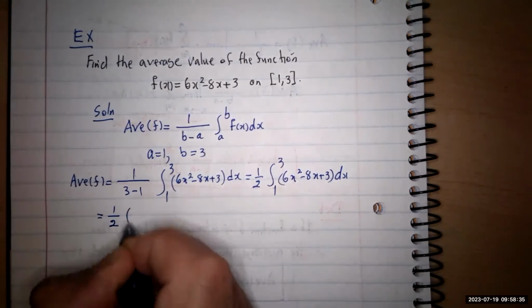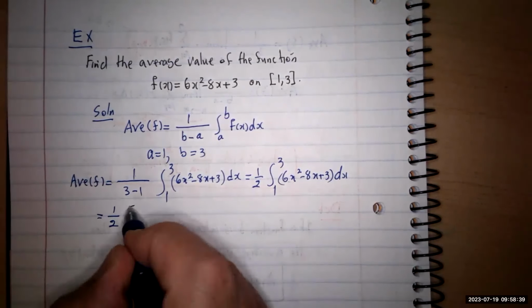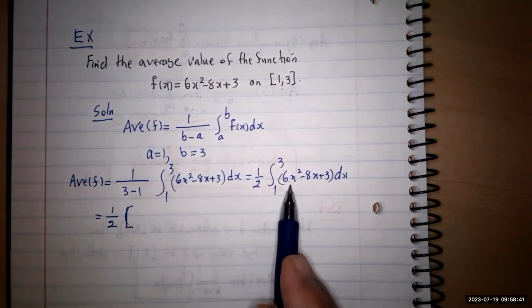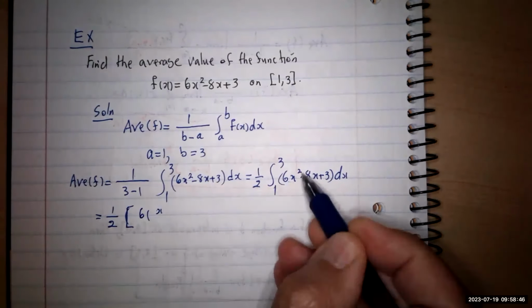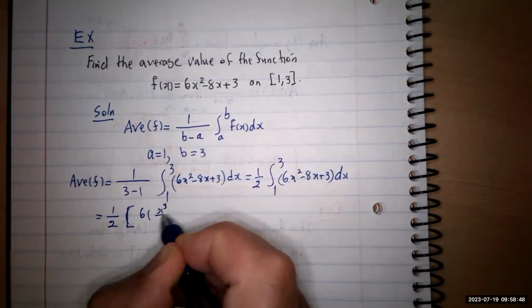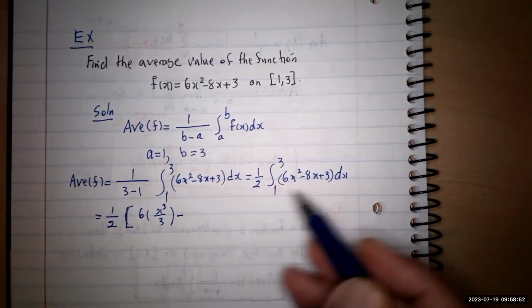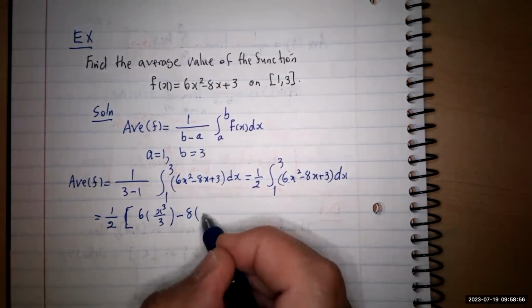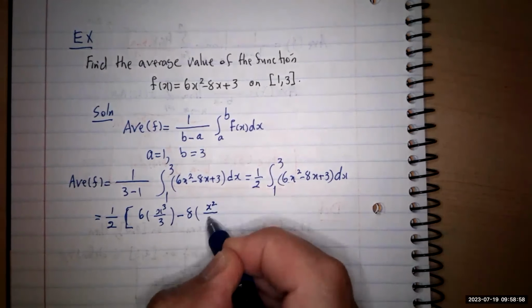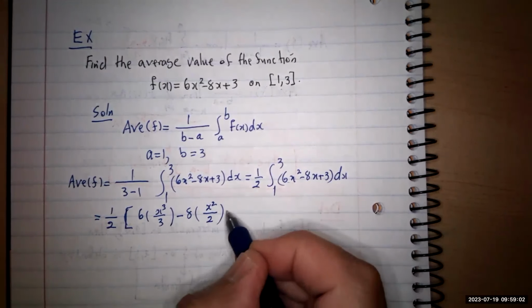1/2. Integrate. We can put a bracket here. So that gives 6 times x, move up the power, x cubed over 3. That's the first one, minus 8, the power is 1, you move it up, x squared over 2, then plus 3, you know that integral of 3 is 3x.